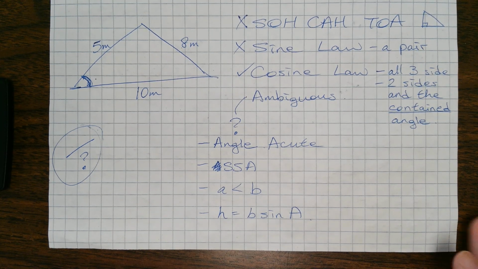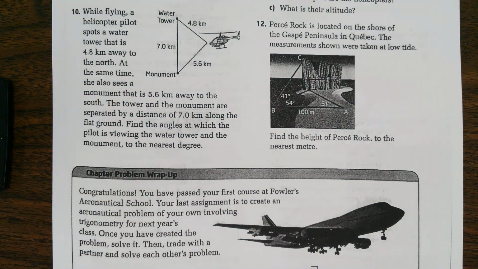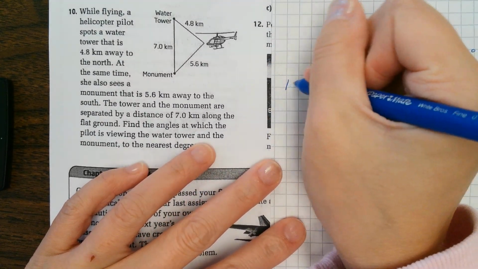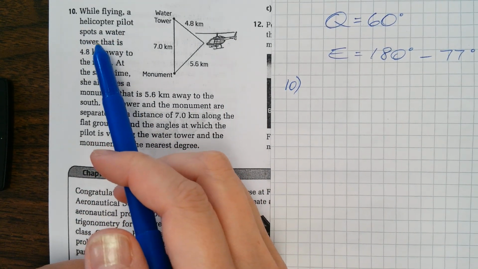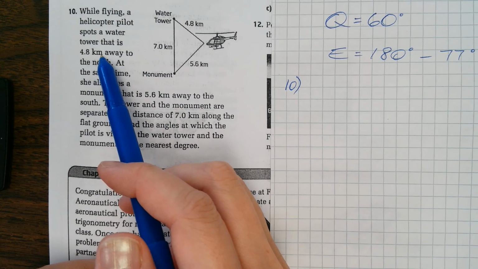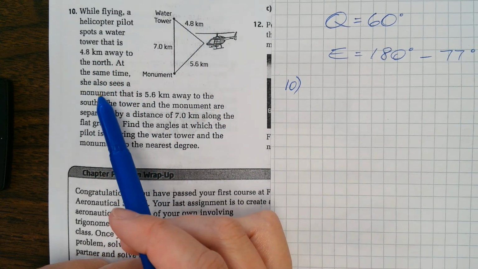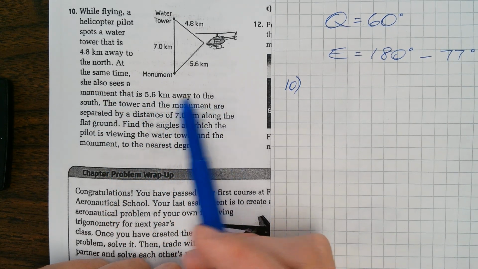Okay, so I want to just take up number 10. Number 10 is a good question. While flying, a helicopter pilot spots a water tower that is 4.8 kilometers away to the north, and at the same time sees a monument that is 5.6 kilometers to the south.